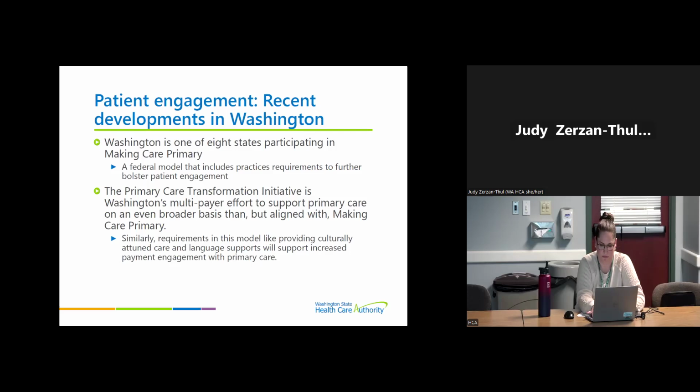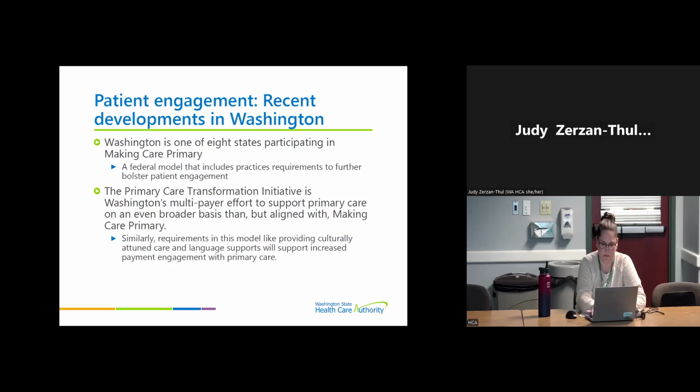This is a unique opportunity to align across multiple payers, to bring additional federal dollars into the state, but also to create a unifying framework to really drive towards with primary care practices.